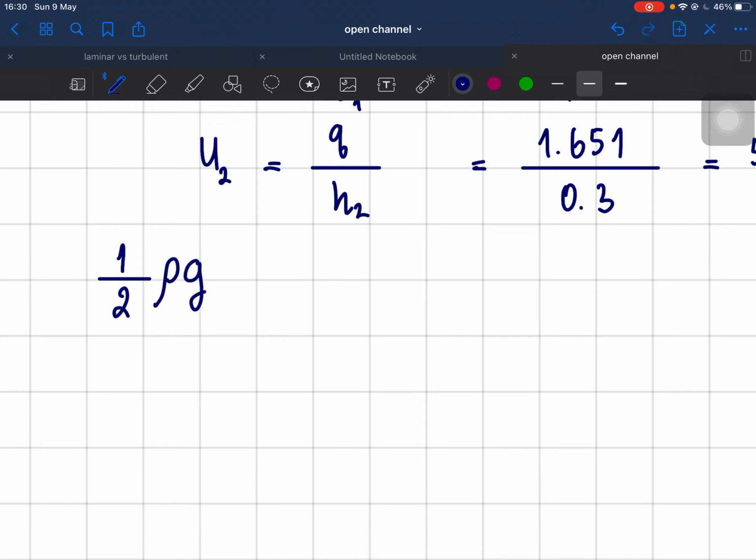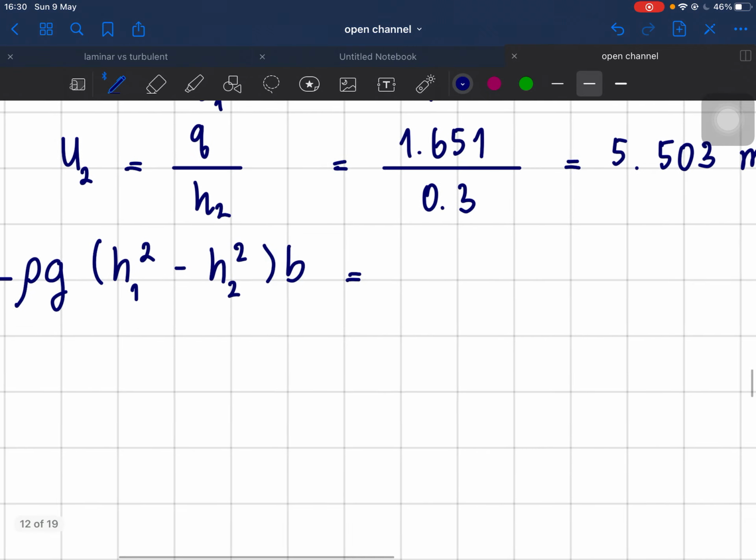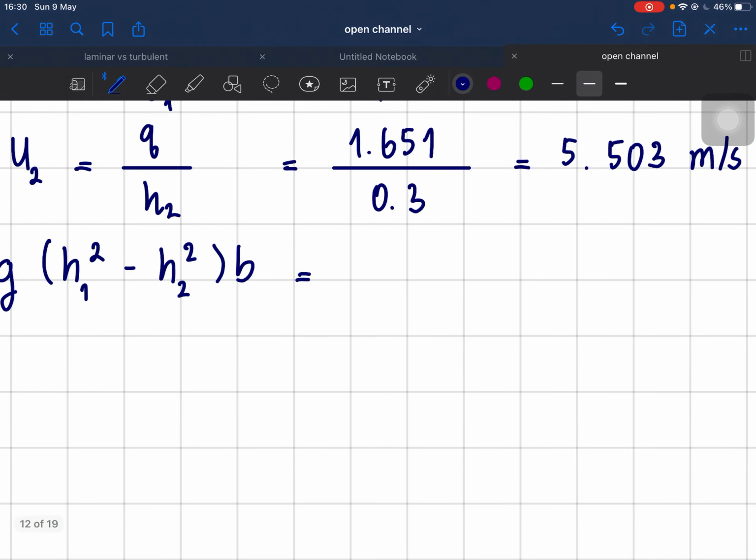I hope you remember this formula, right? 1 over 2 h2 squared. I mean h2 squared. I'm already used to saying h22, h12, you know what I mean, right? It's going to be the upper part here. And rho g b u2 minus u1 plus f.